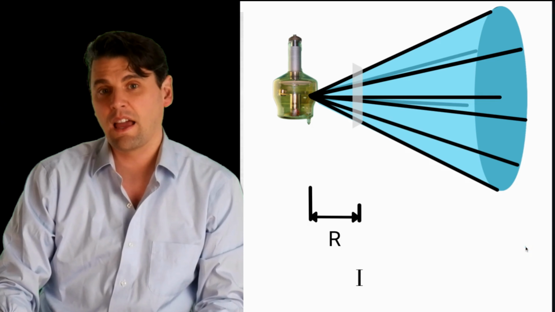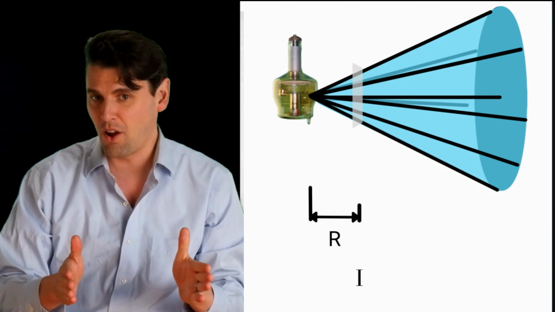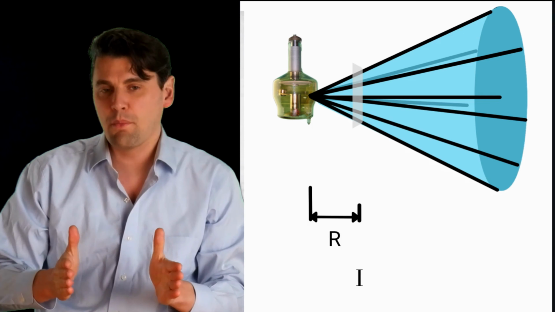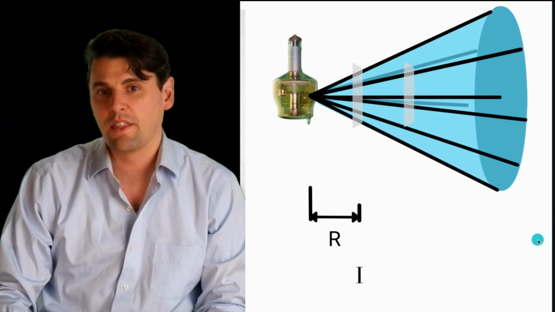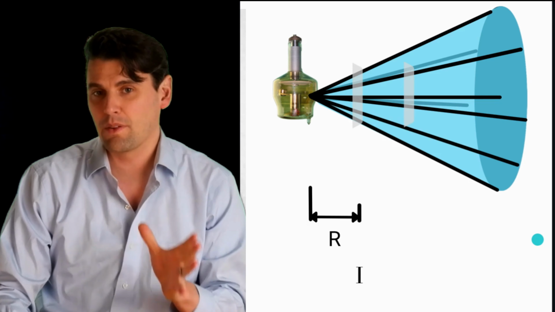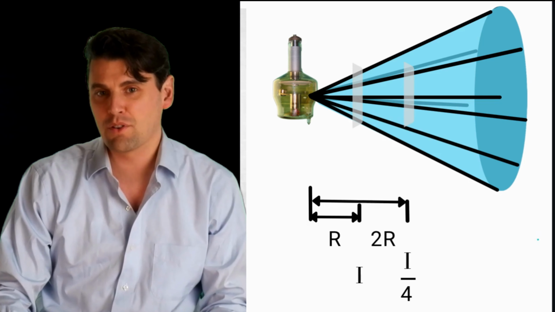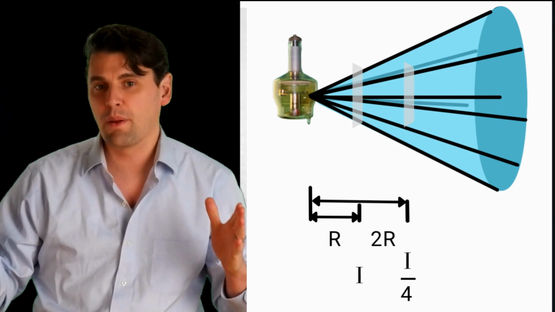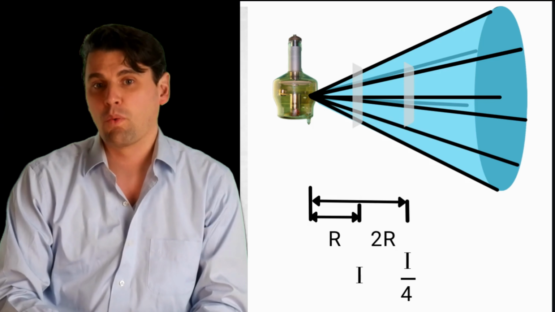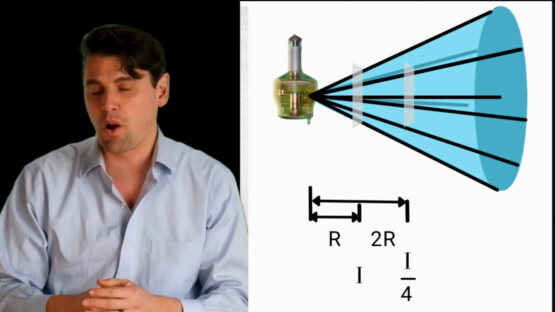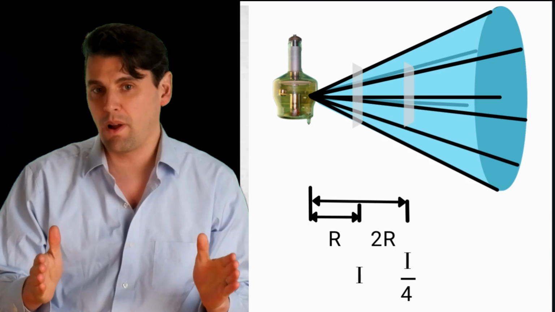The intensity is I at a distance R. If we move further away, we have the same size detector or image receptor, and now we have I divided by 4 if we're 2 times further away.